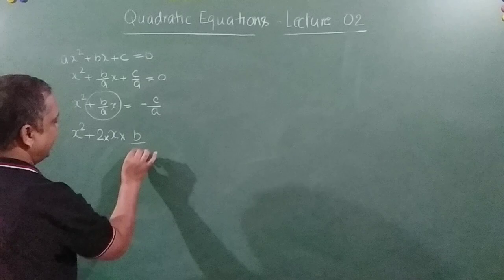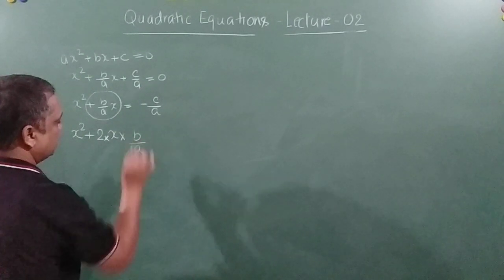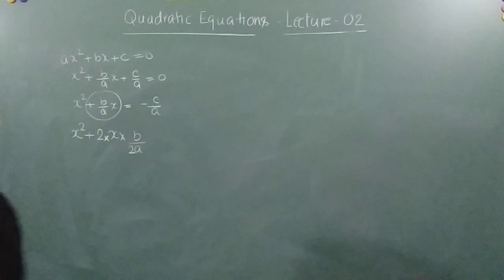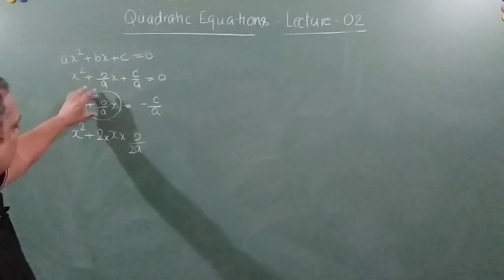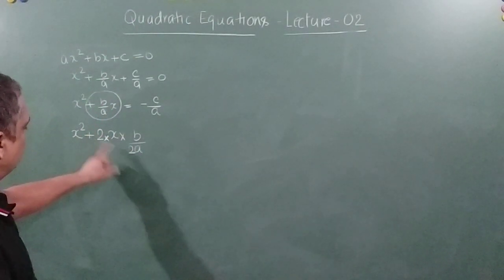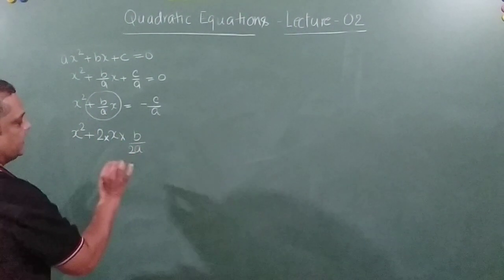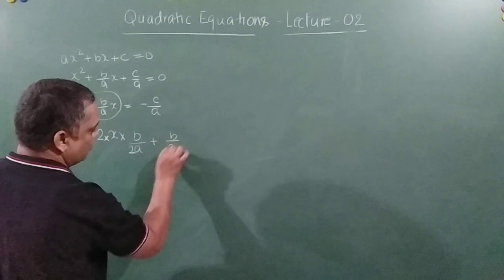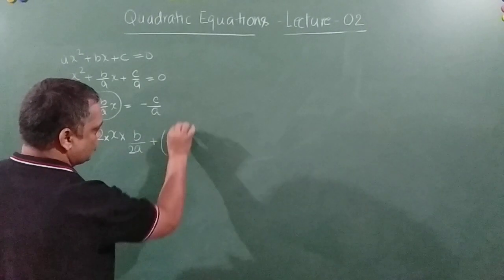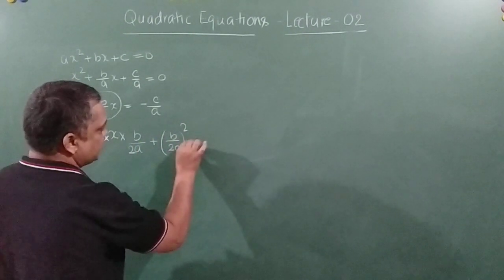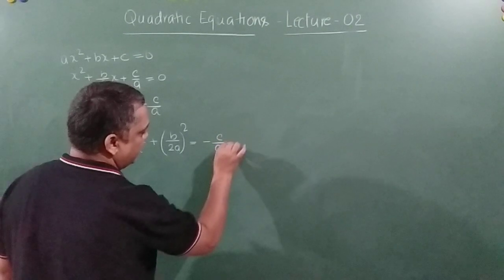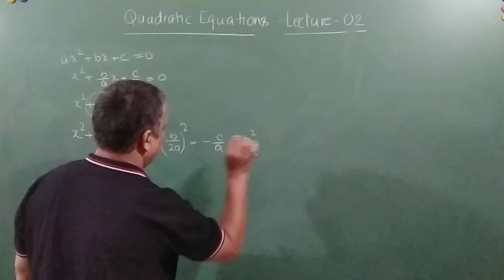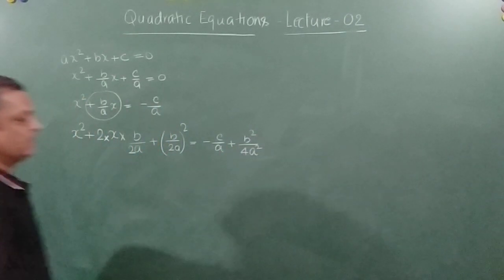Now I have to get a in the denominator, right? So this would be only. Now just see if we are able to get this: b is there, x is there, and 2 and 2 get cancelled, a is there. You are getting it now? So what I have done, b by 2a. So b by 2a is my second term. I'll square it here and keep it, right? Is equal to minus c by a, and I will add b square by 4a square. You got it?